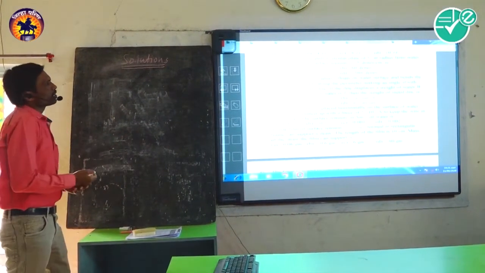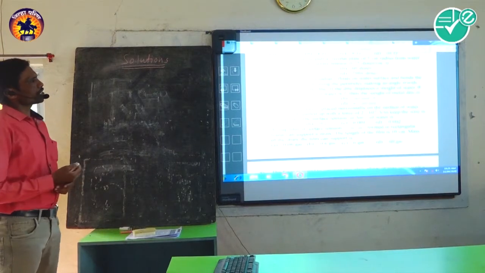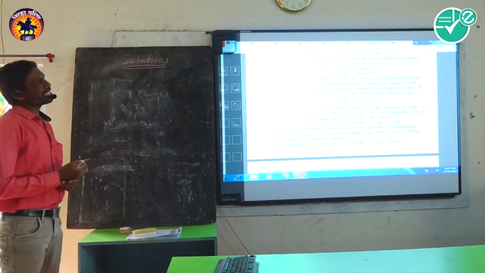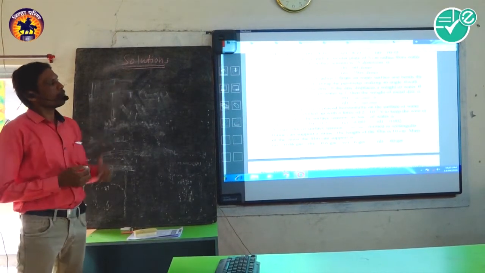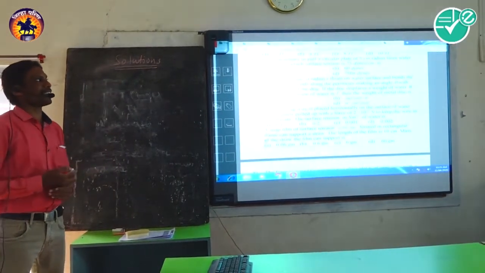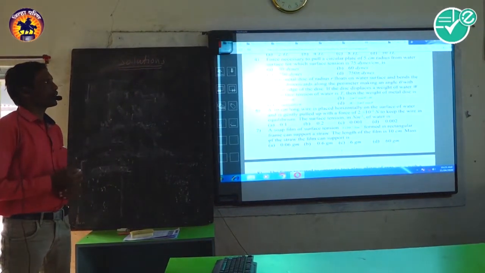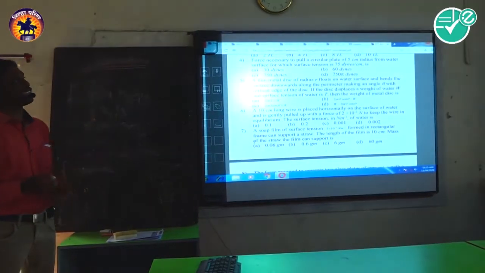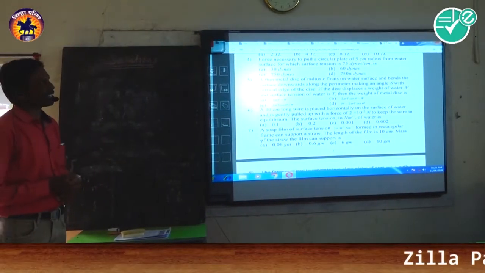Then here read the fourth MCQ. The force necessary to pull a circular plate of 5 cm radius from the water surface, for which the surface tension is 75 dyne per centimeter.